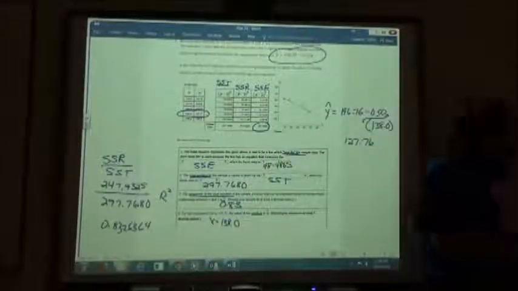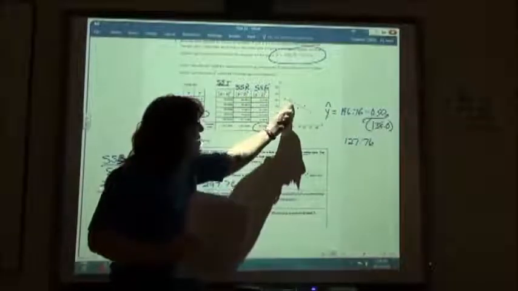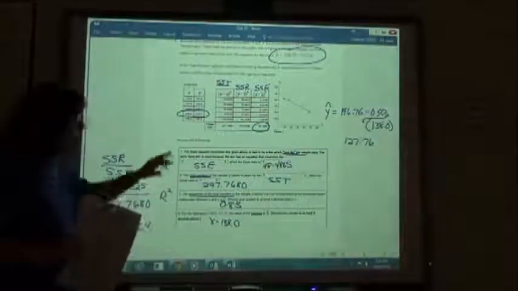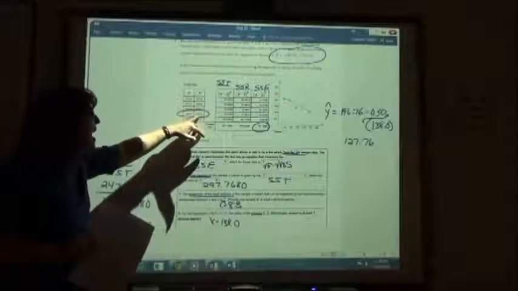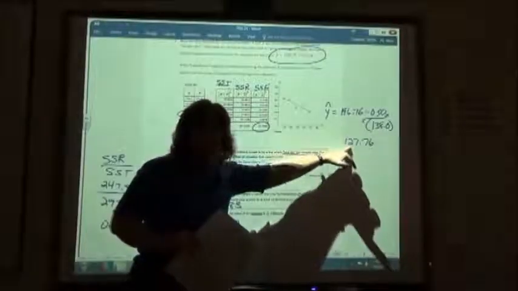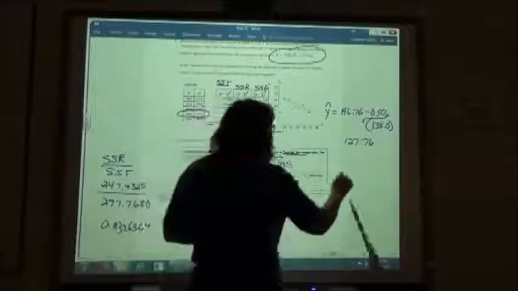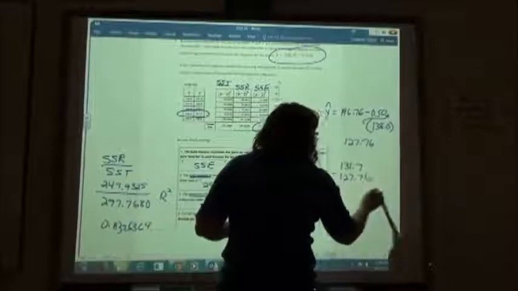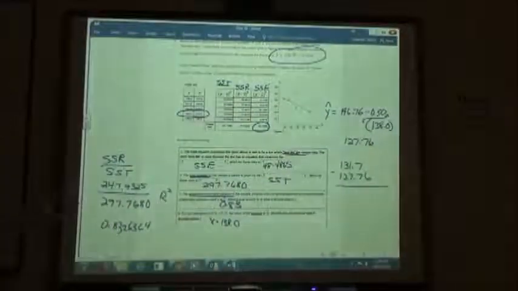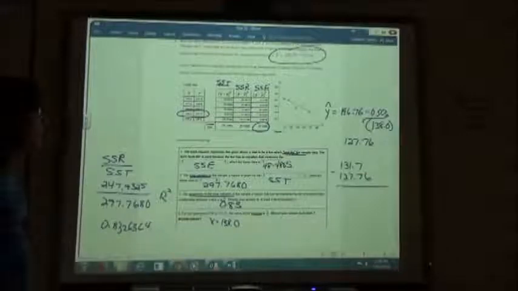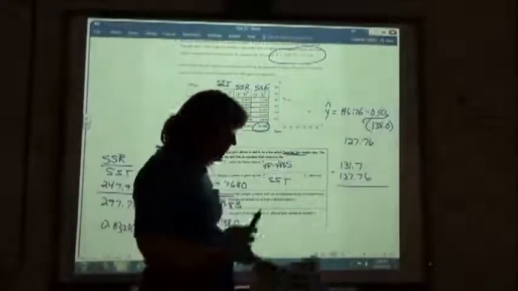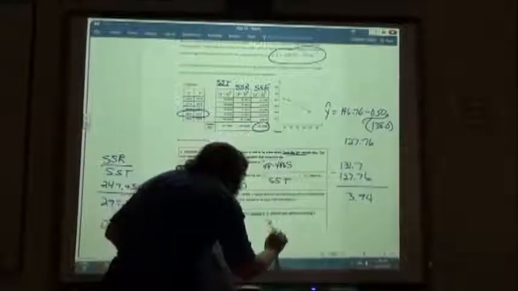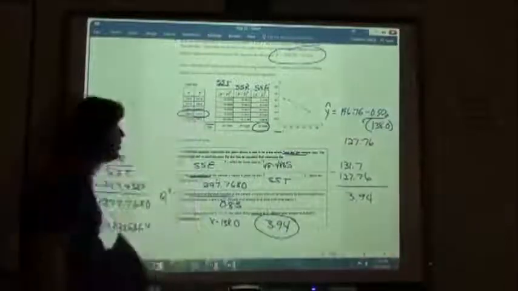So the 127.76 would be the y value of the point that's exactly on the line. We now want to find the residual, so we want to find the difference between the data point that we have here and the point that we found on our line. So now we're going to take our 131.7, subtract our 127.76. And if you go ahead and subtract those numbers, hopefully you end up with 3.94 for the value of your residual.